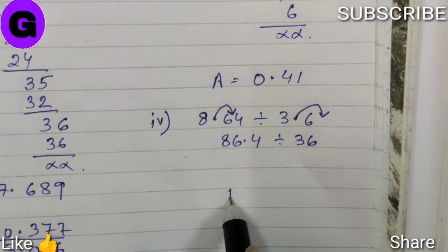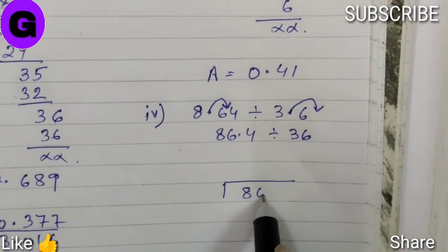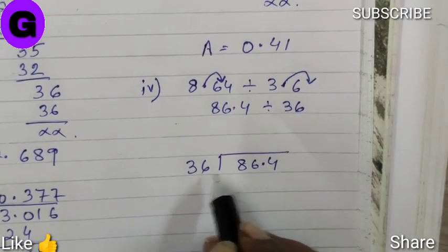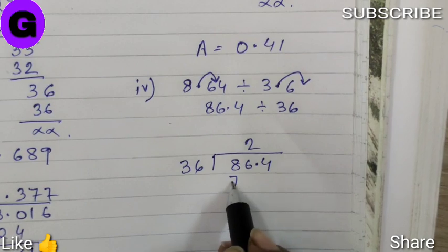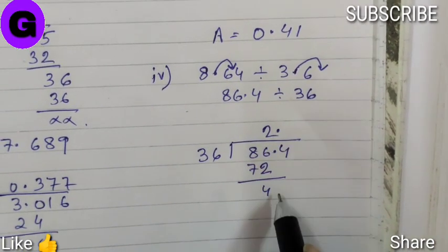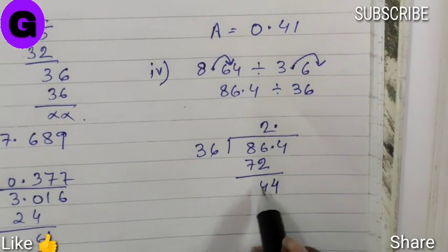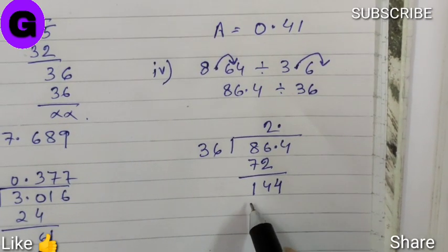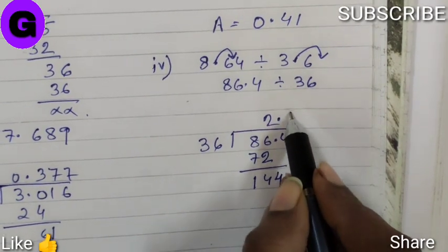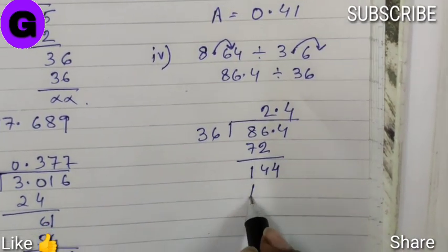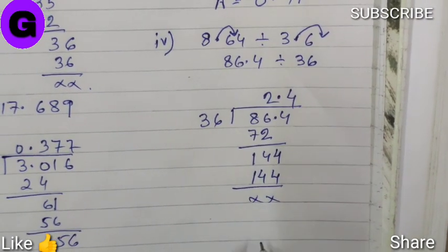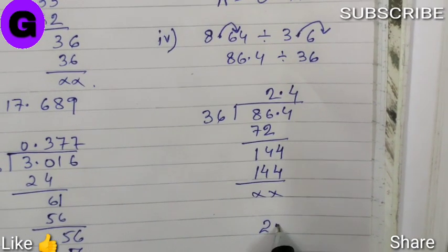So now let us arrange this. 86.4 divided by 36. 36 2s are 72. 4. We will write the decimal on top. Bring down 4, 1 here. Okay. 144. 36 4s are 144. No remainder here. So the answer is 2.4.